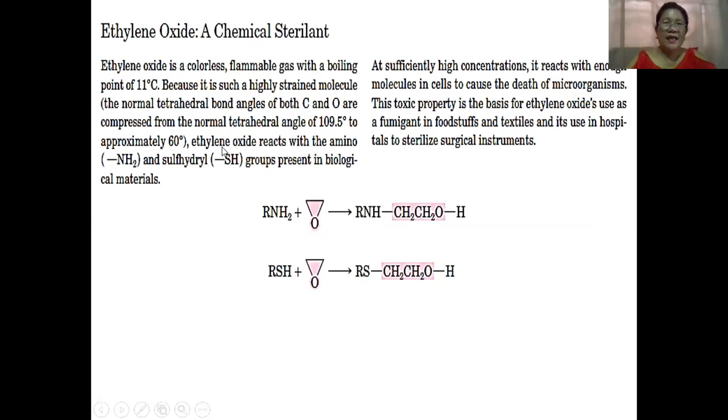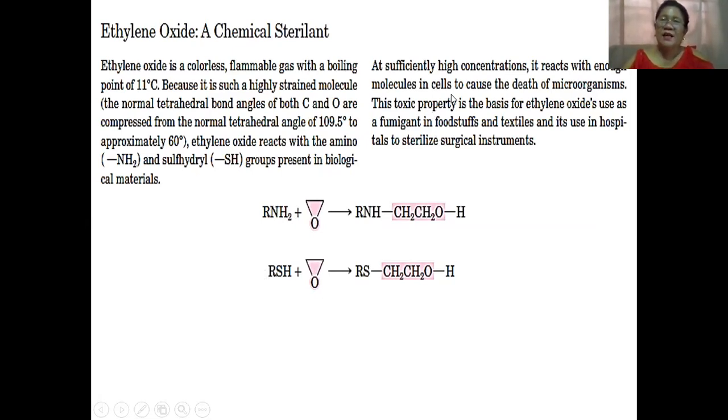No? Ethylene oxide reacts with amino, the NH group, and the sulfhydryl group. This one, no? Reacts with the amino, no? This one. This is now your oxide, ethylene oxide. Kani ang mao imong ethylene oxide. This one is the amino group. This one is your sulfhydryl group.